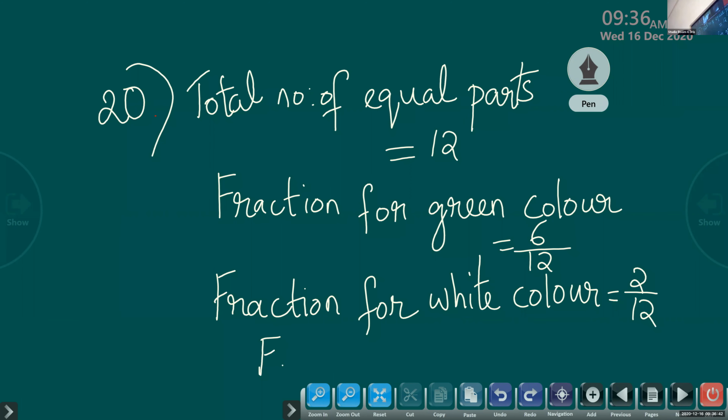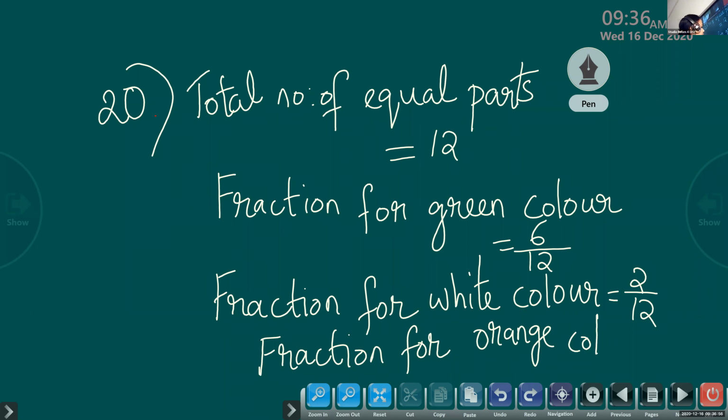Fraction for orange color. How many orange? 4.